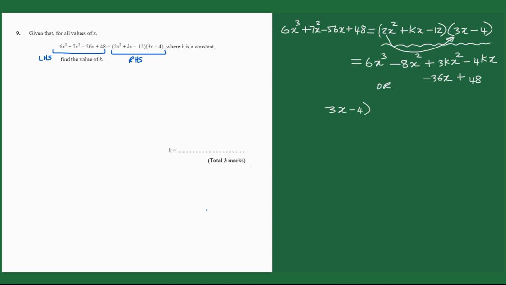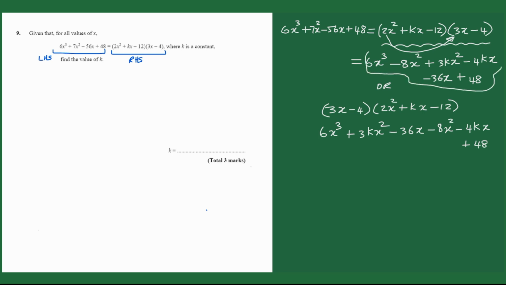If you want, you can do it another method. You can multiply 3x minus 4 times 2x squared plus kx minus 12. You will get the same answer. So 3x times 2x squared is 6x cubed. 3x times kx is 3kx squared, minus 3 times 12 is 36x, minus 4 times 2x squared is 8x squared, minus 4kx plus 48.